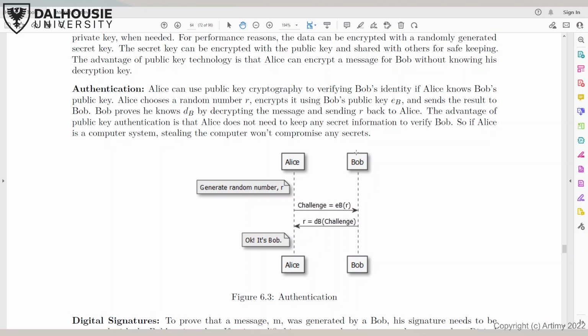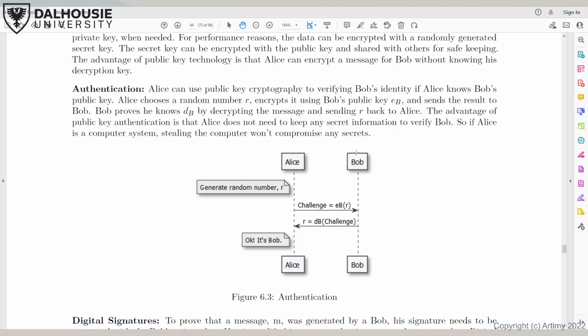So Alice can take Bob's public key and encrypt a random number and send it to him as a challenge. Say, if you are really Bob, well, here is the random number. Now, if you're truly Bob, decrypt it and send me the actual number that I encrypted.